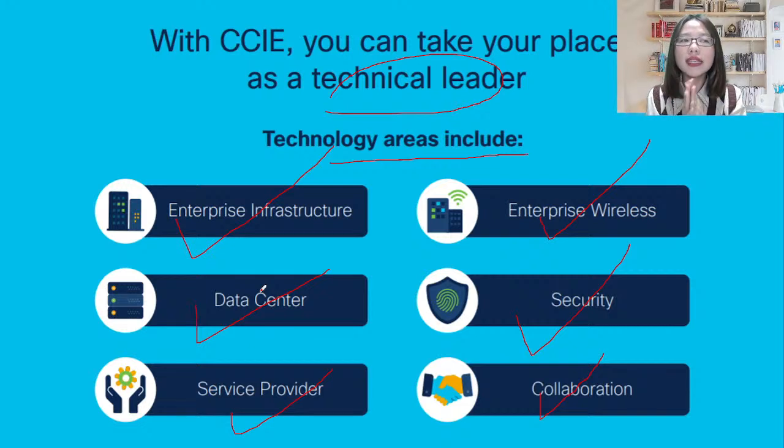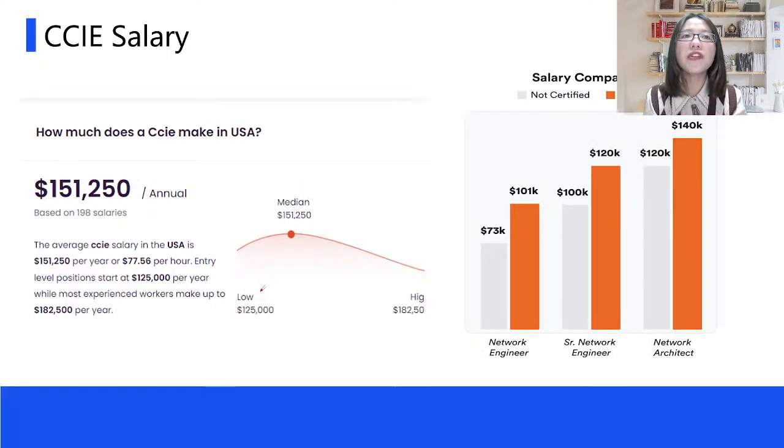Okay, so CCIE is widely considered the industry's highest level IT certification program. However, do you know the CCIE salary? Let's see the CCIE average salary in the USA in 2022 for an example. The average CCIE salary in the USA is $151,250 per year.